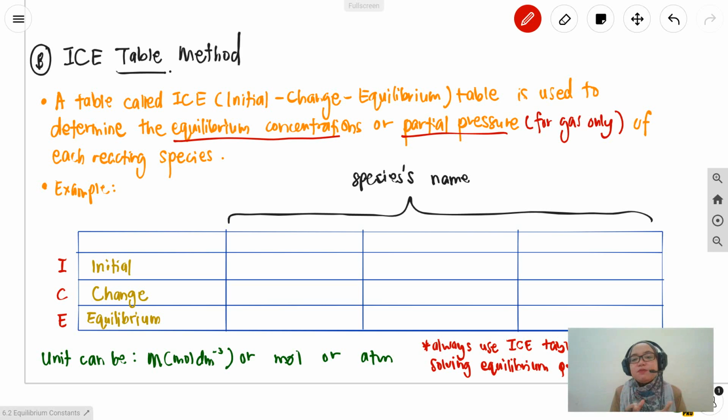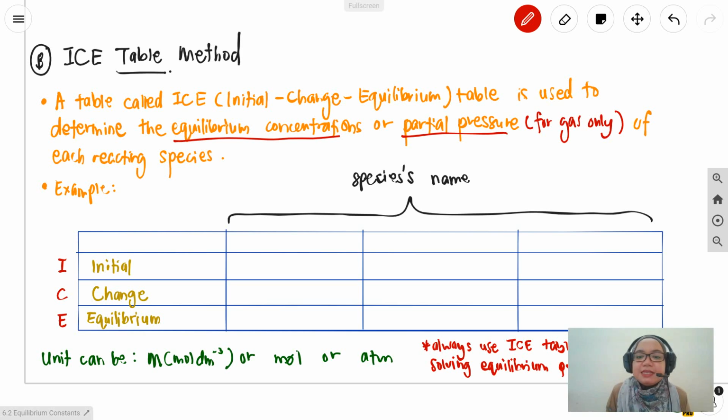This ICE table is usually for us to find the concentration and partial pressure at equilibrium state, where the question usually gives you the initial concentration or partial pressure as well as Kc and Kp for you to find this using the ICE table method.